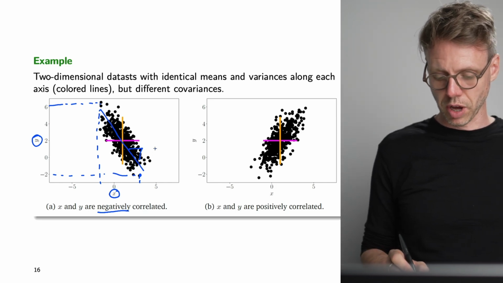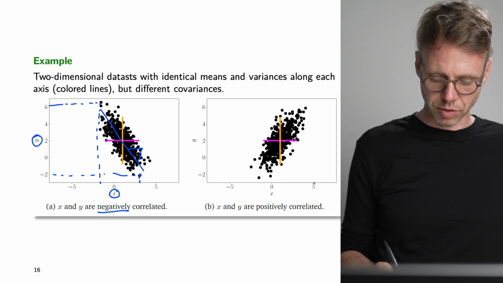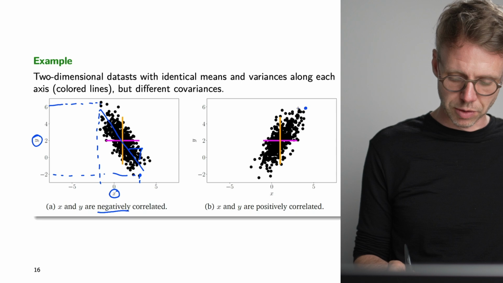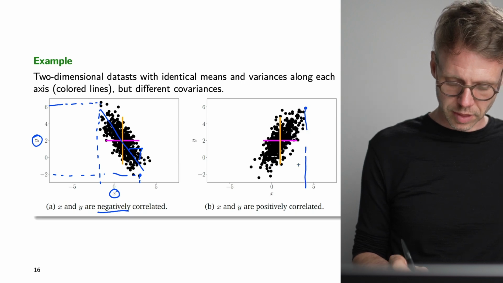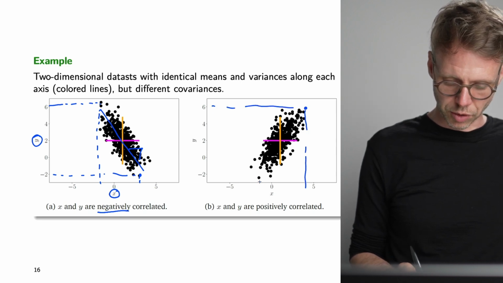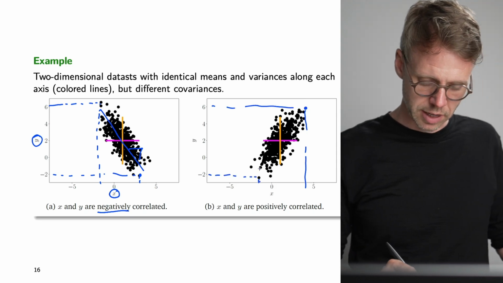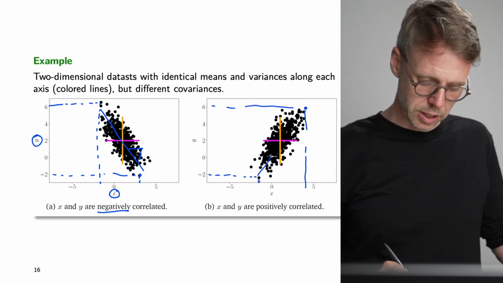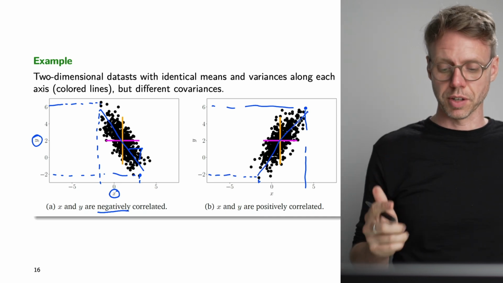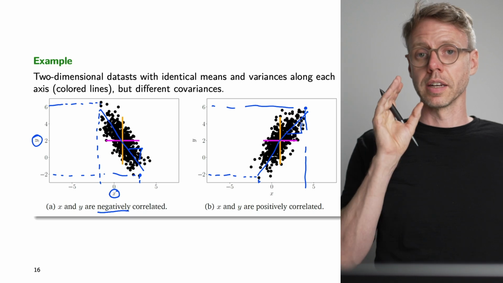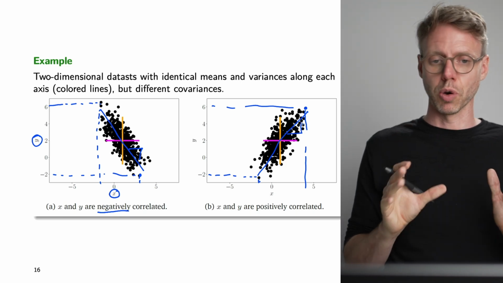And similarly, if you have a positive correlation, so for large values of x, we get large values of y, and for small values of x, we get small values of y, we speak of a positive correlation. And again, if you draw this line here, you would have, in this case, a positive slope.